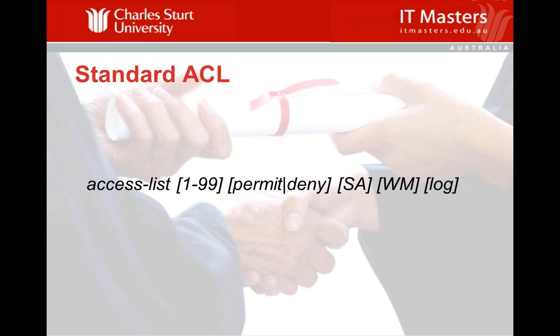You can see from that you can only match on source addresses for your standard access list. Because of that, it's recommended that your standard access lists are applied closest to the destination network. Okay, closest to the destination network.